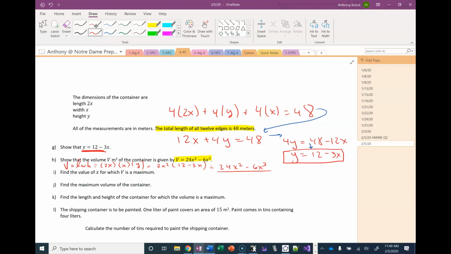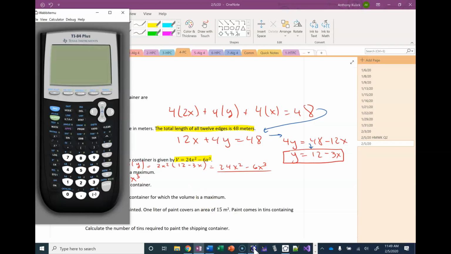Find the value of x, which v is maximum. This is a problem that I would use my calculator, because I know that v is equal to 24x squared minus 6x cubed.